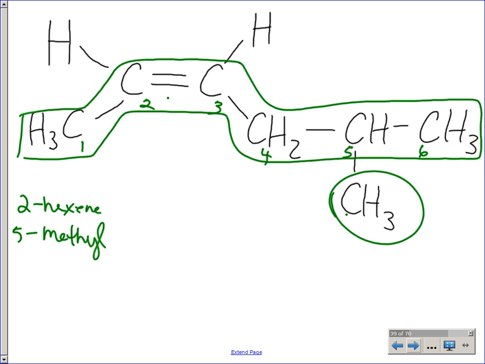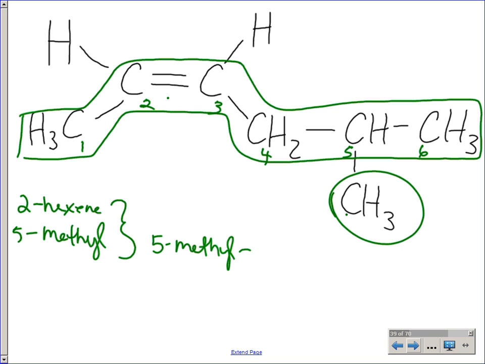Putting this together, we include at the very beginning our substituent, just like normal, 5-methyl. And then we're going to talk about the double bond. And when we talk about it, we're going to tell the geometry as well.